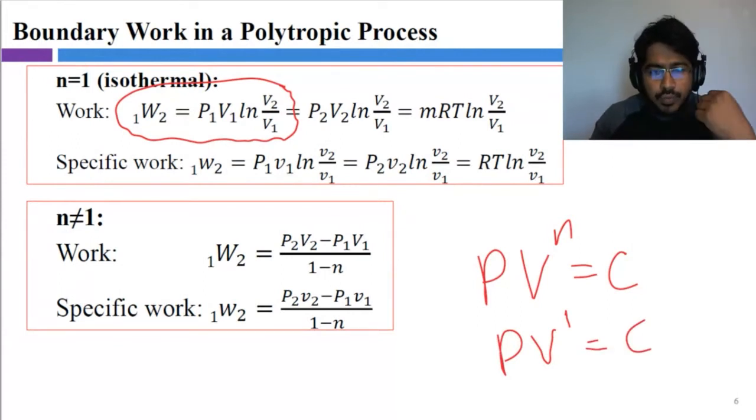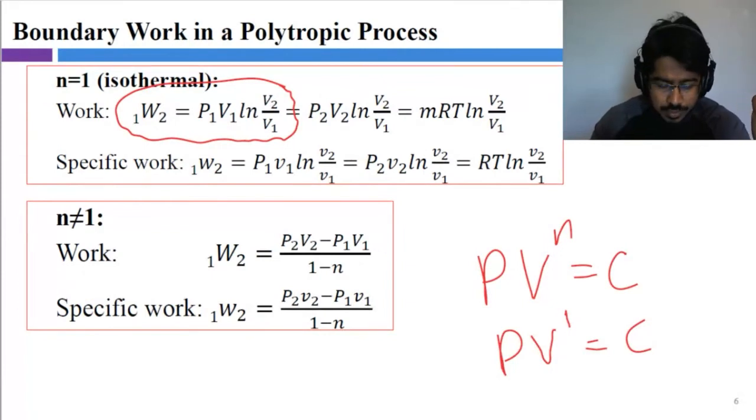So we agreed that when PV equals a constant, that can be recognized as an isothermal process, right? So the work done during an isothermal process is going to be given by this expression that is circled here, right?